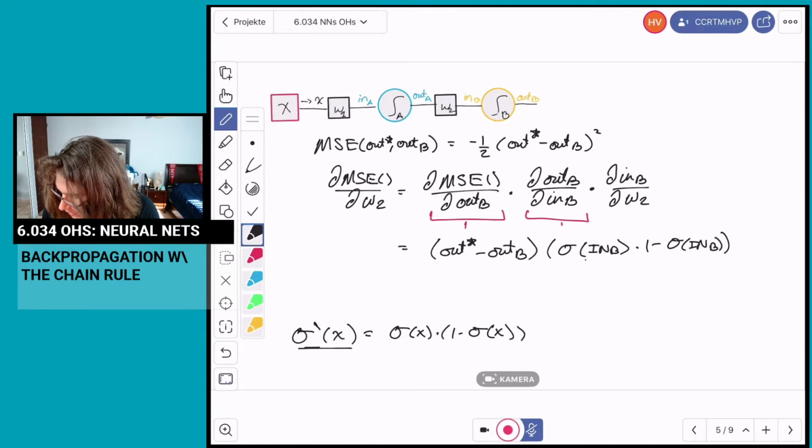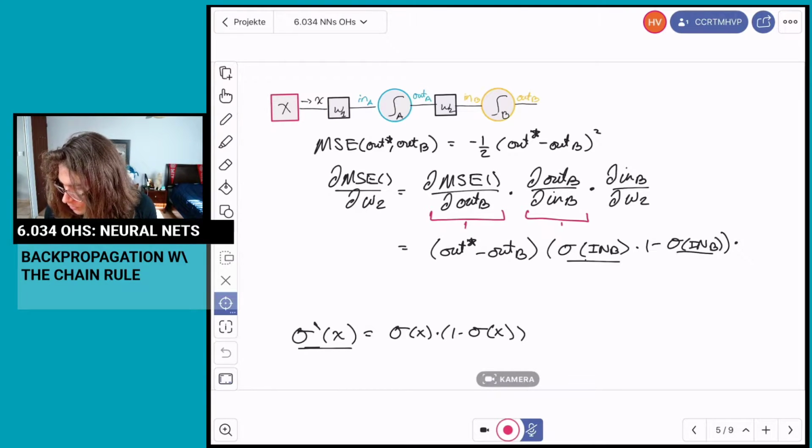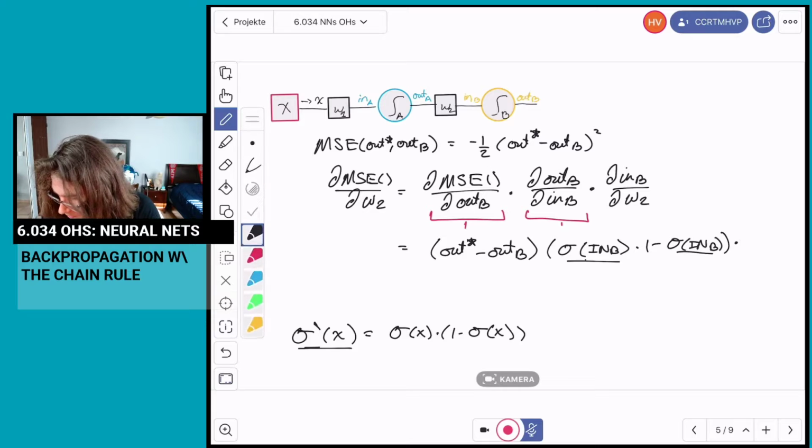And we know this is merely out B, and this is also out B, so I'll rewrite it below. And then finally, the derivative of NB with respect to W2, NB is equal to W2 times out A, which means we only have out A here.